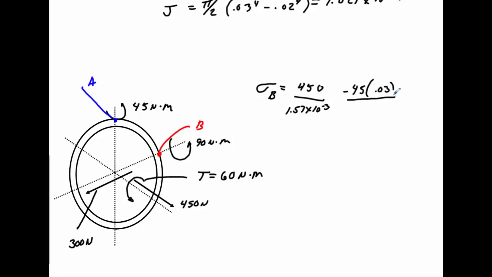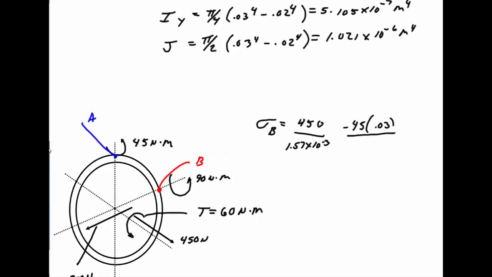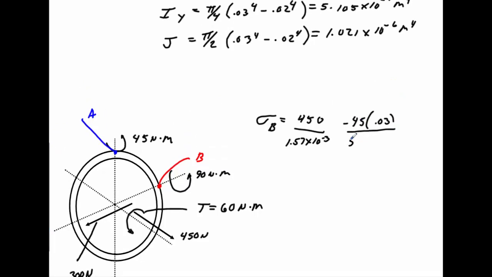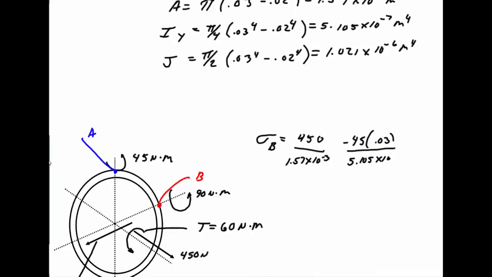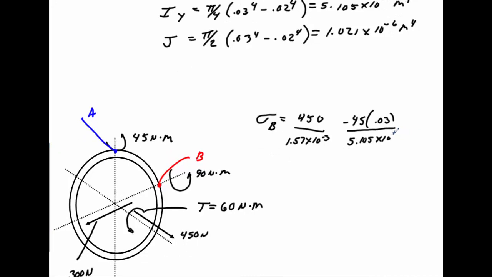Again, all we're going to do in that case is divide that by the moment of inertia, which we said was 5.105 times 10 to the minus 7th. When you do that, you'll get the B stress. It gives you a value of compression. You can make that negative or just put compression. Just gotta make sure you note that.